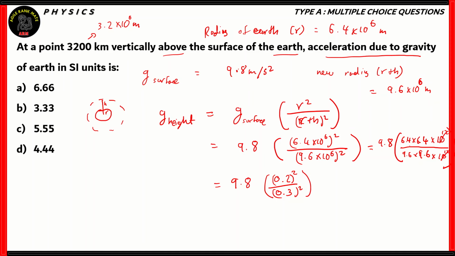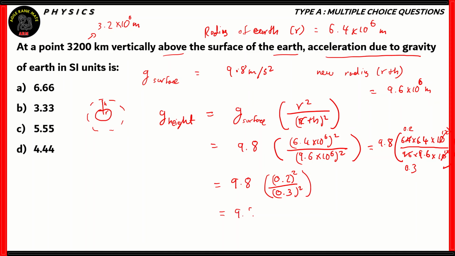So 3.2 goes into 6.4 twice, and into 9.6 three times. So 0.2 squared over 0.3 squared is what we find in the brackets.